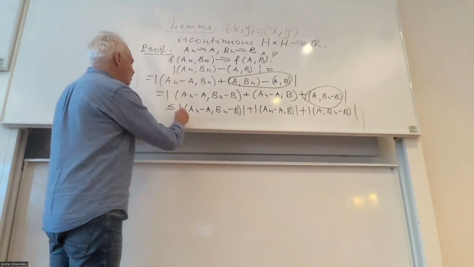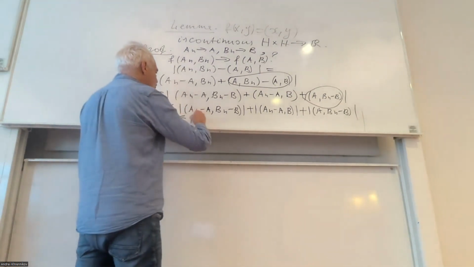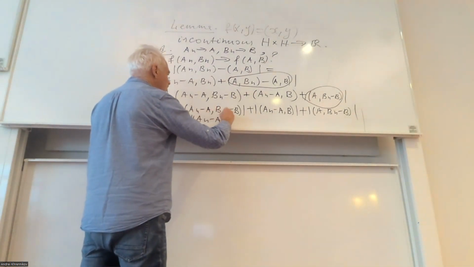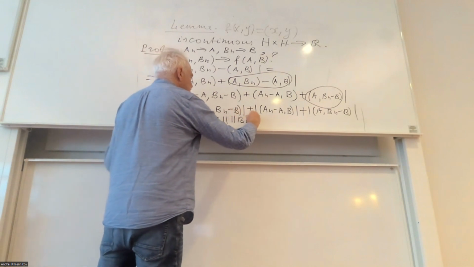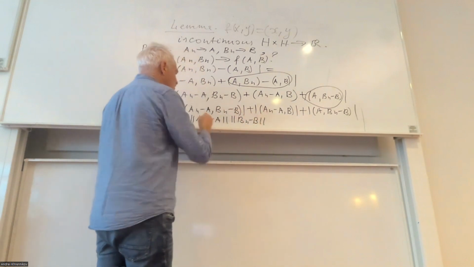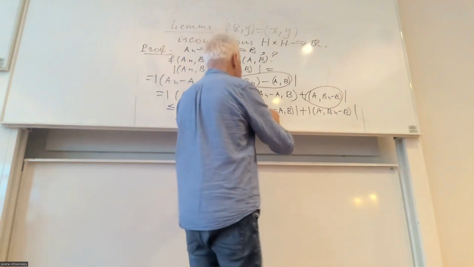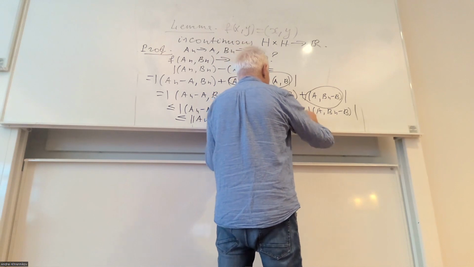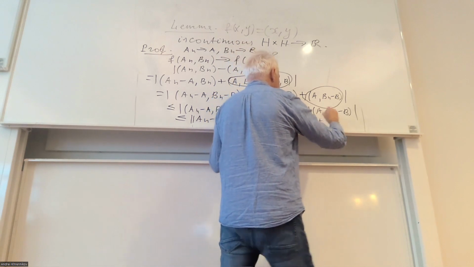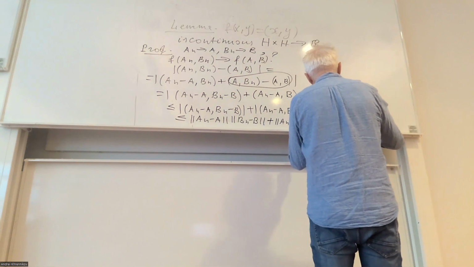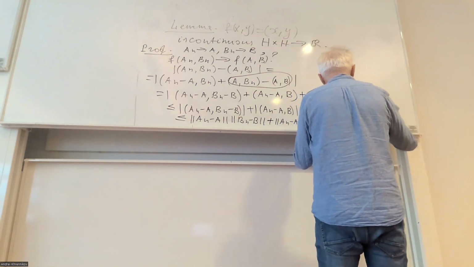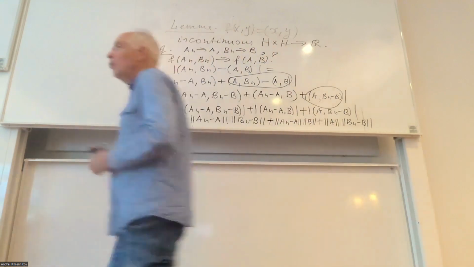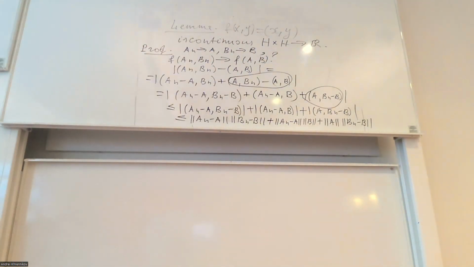So it would be less than or equal to the norm of an minus a times the norm of bn minus b, plus the norm of an minus a times the norm of b, plus the norm of a times the norm of bn minus b. All three terms go to 0 because an minus a and bn minus b go to 0.